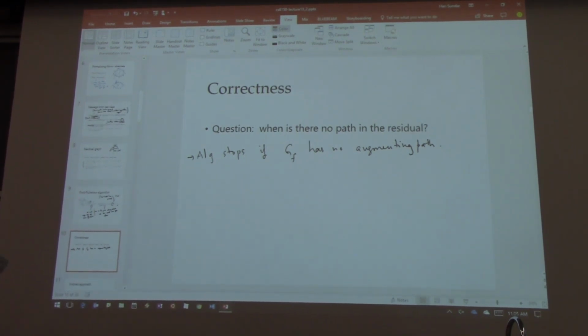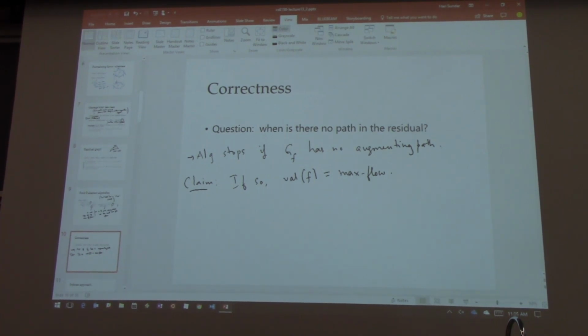So the claim is: if so, the value of F is equal to the max flow. Any questions on why this is what we need to show?